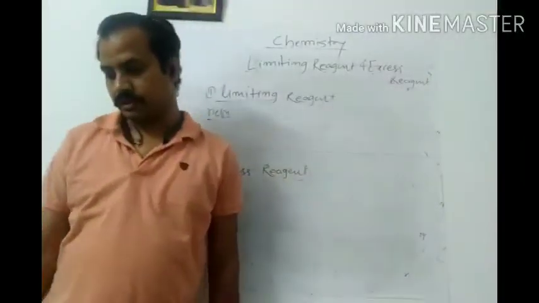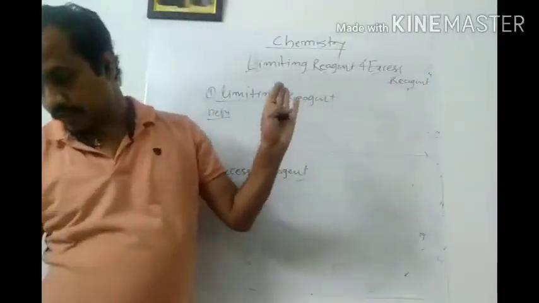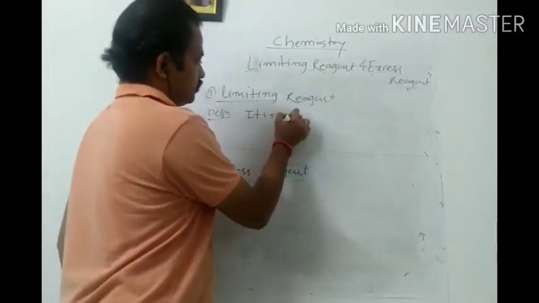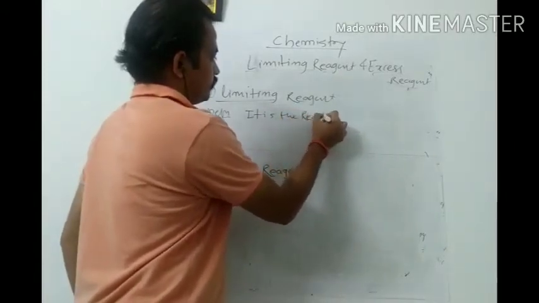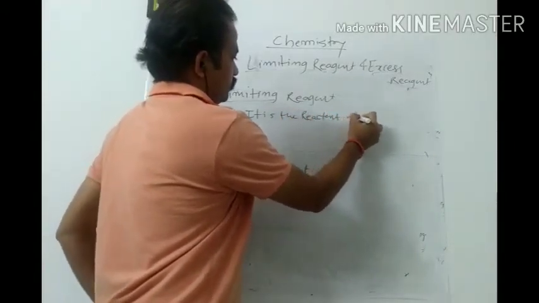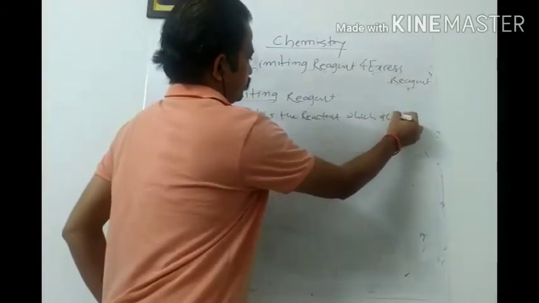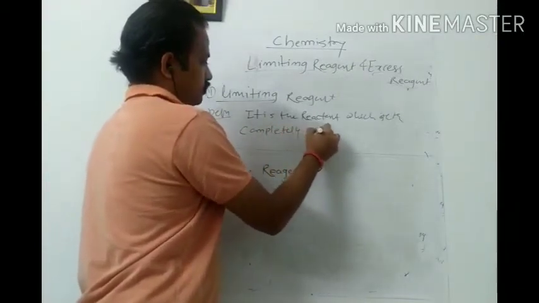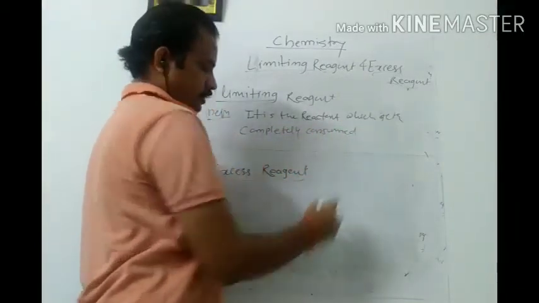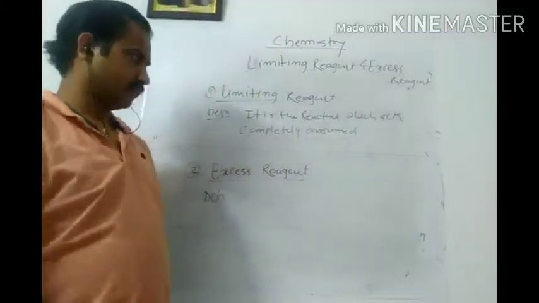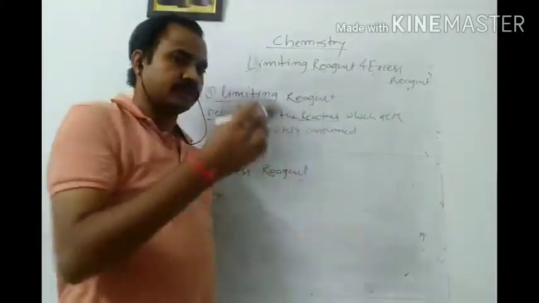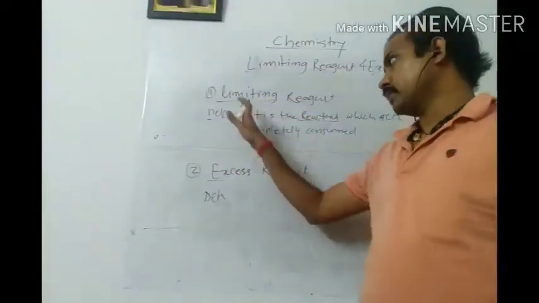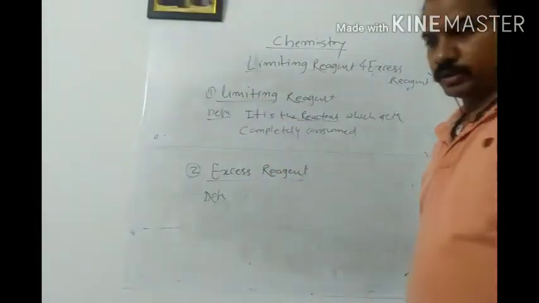According to the definition, it is the reactant which gets completely consumed during the reaction. So if I am taking one of the reactants and during this reaction it gets completely consumed, with no residual part remaining, that particular reagent is known as limiting reagent.